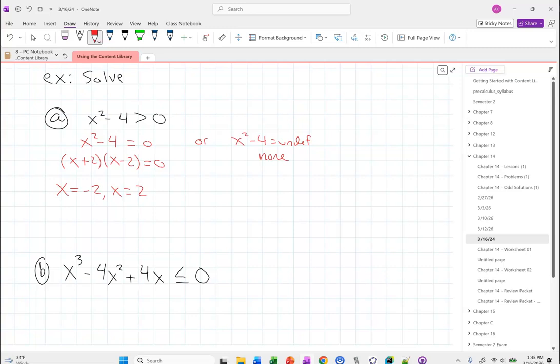So now I'm going to start drawing my sign diagram. Let's grab a new color. So my sign diagram is going to be a number line.